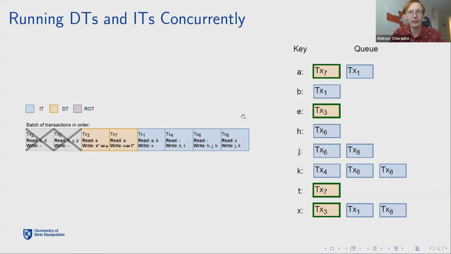Transaction 1 reads key A, but in this batch, we have ordered transaction 1 after transaction 7 after the reordering. So transaction 1 goes after it in the queue for key A. And we repeat this for all of the keys that appear in the batch. So we end up with this table.